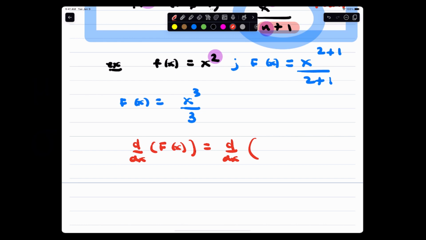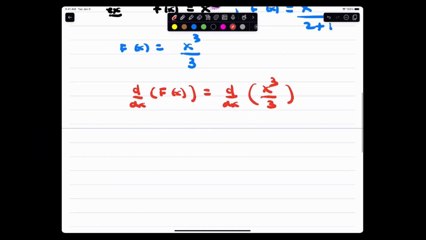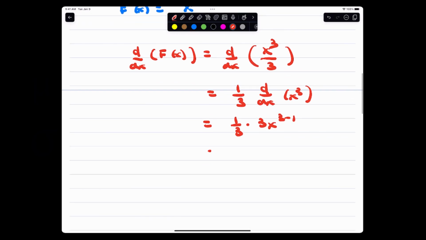Is that true? Okay, do you guys know how to differentiate? Pull out your constant. What do you get? That 1/3 3x to the 3 minus 1. Isn't that x squared? And that is your f function that they gave you.